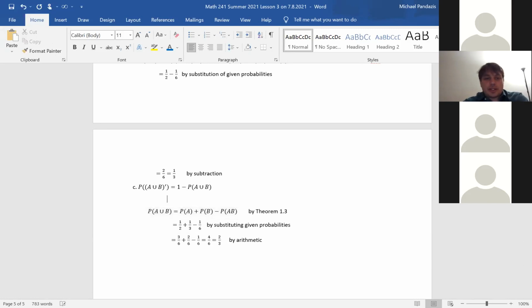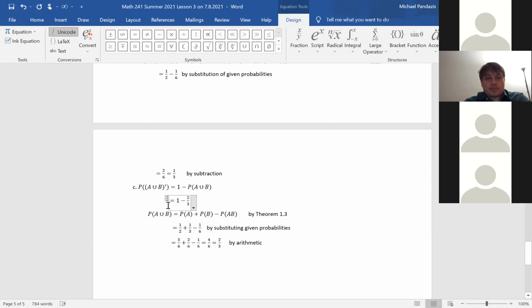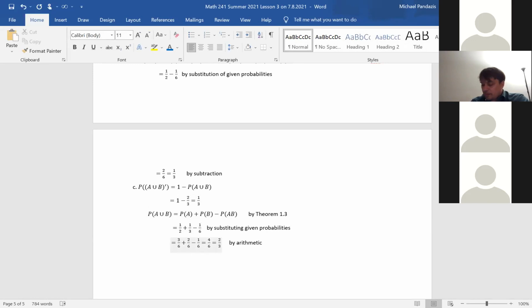And so this is equal to 1 minus 2/3, since P of A union B is 2/3. And so 1 minus 2/3 is 1/3. And then that's the answer.